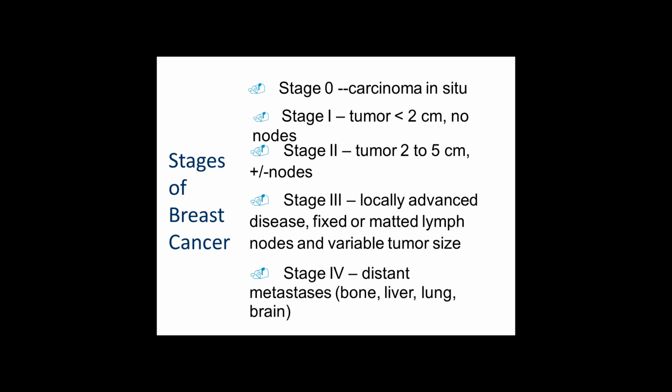Stage 3 cancer is locally advanced and includes many lymph nodes, like greater than 10 lymph nodes that are positive for cancer, or fixed and matted lymph nodes, and large tumors greater than 5 centimeters with lymph nodes. Stage 4 cancer is when the breast cancer has spread anywhere beyond the lymph nodes to distant places in the body, including bone, liver, lung, and brain.